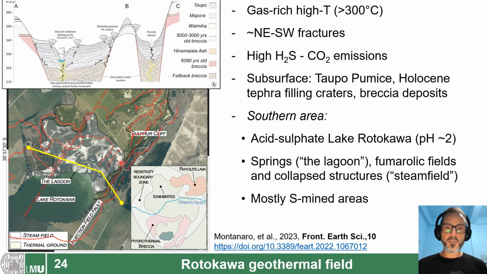Then we have a series of fumaroles and springs along the Parariki River, which departs from the lake going northeast along one of the eroded craters, and Sulfur Cliff, an area of intense fumarolic activity and mineralization.